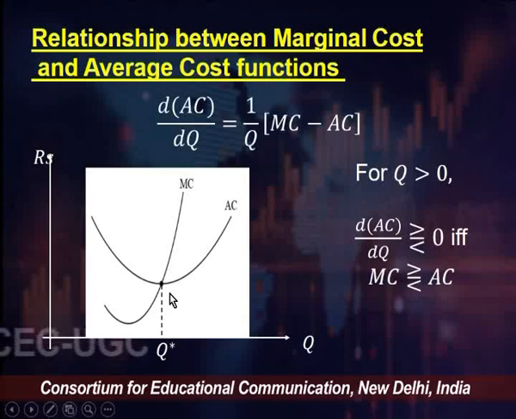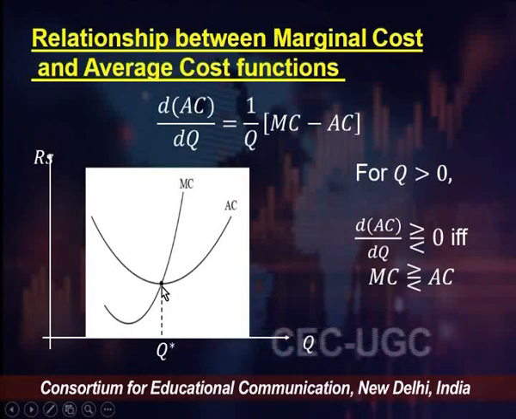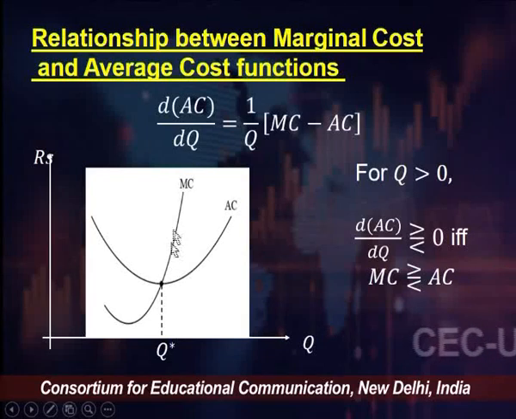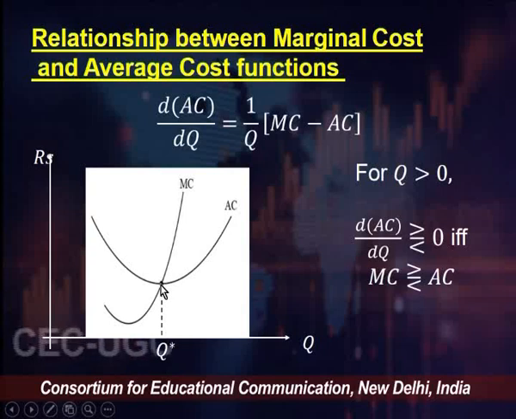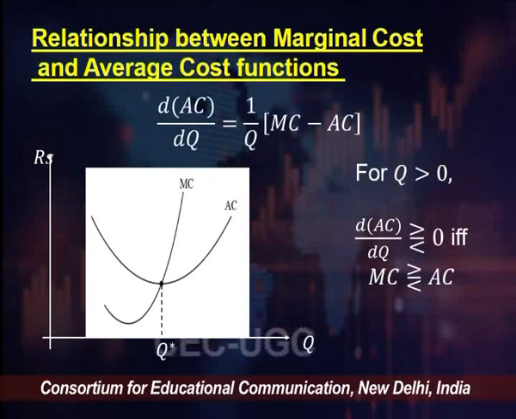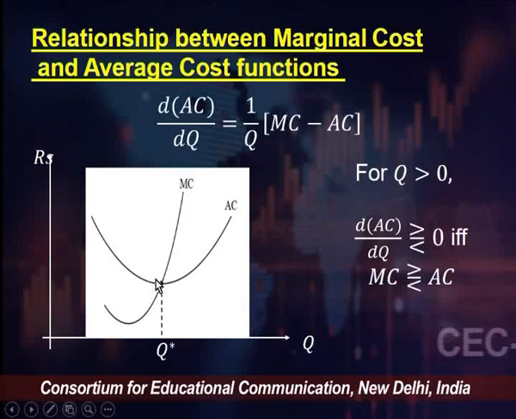But one property of the marginal cost function is that it cuts through the average cost function when the average cost reaches its minimum. So, when average cost reaches its minimum, which is at Q star here, marginal cost is equal to average cost. Anyway, that is the basic structure, but even if you don't know that, it's absolutely fine.